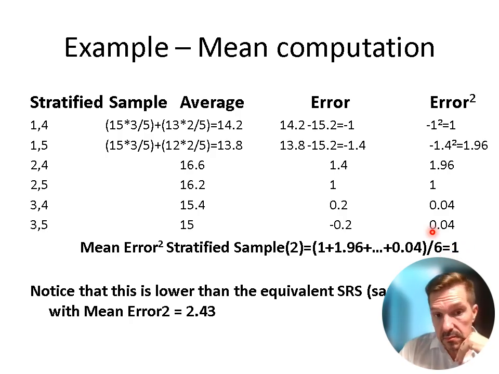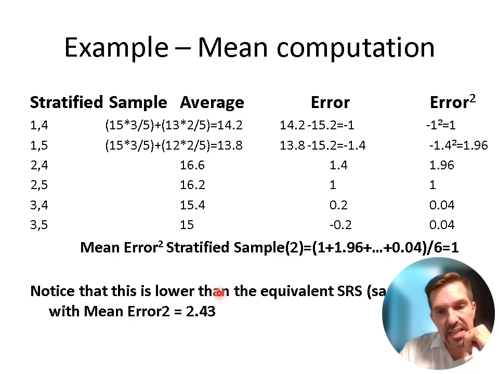Now remember, this compares really favorably to what we had in the past. For simple random sampling, the error with a sample size of 2 was more than 2, right? Like you can see here. And because of that, this is much more efficient. So you're drawing the same amount of data, just 2 data points, but you're doing a lot better in terms of error. You have a lot smaller error. So this shows you that it is indeed more efficient.